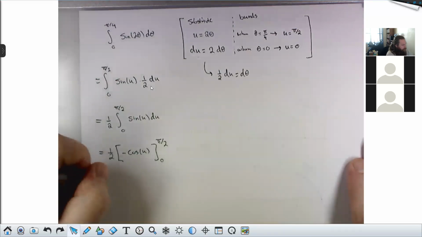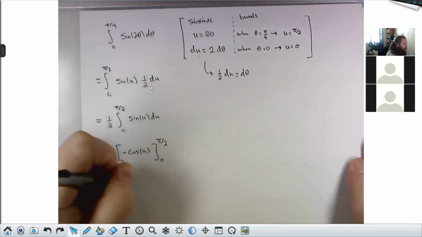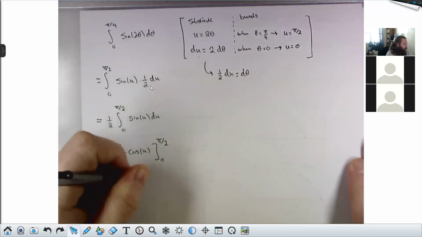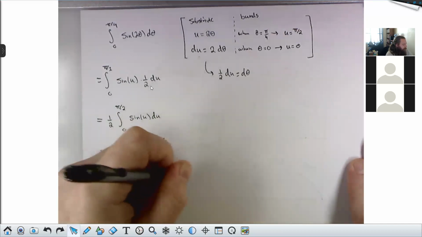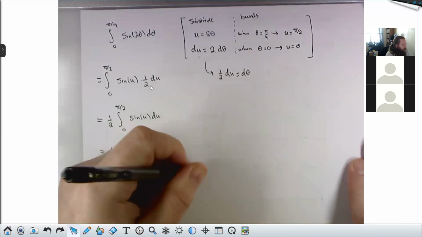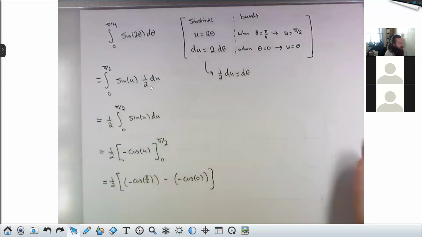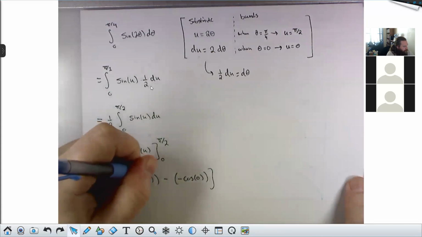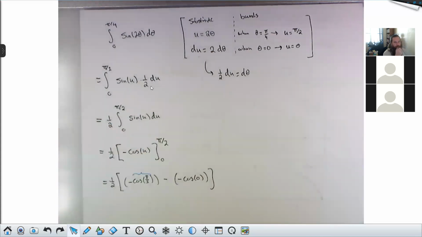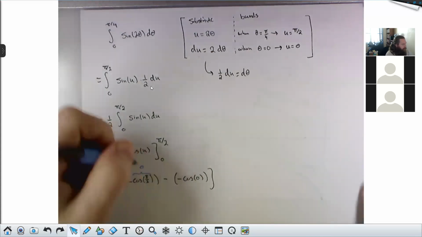In doing so, we get 1/2 negative cos of pi over 2 minus negative cos of 0. What is the cosine of pi over 2? 0. Good, 0, right? It's unit circle stuff.